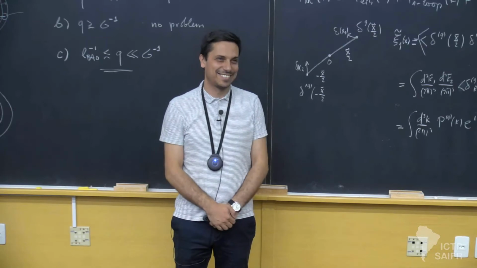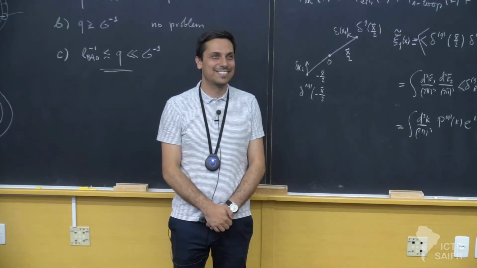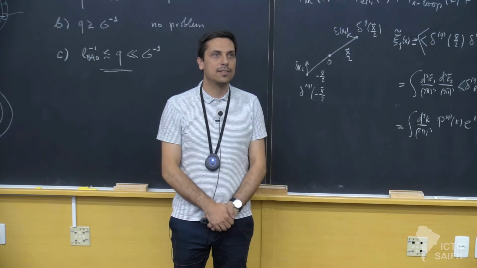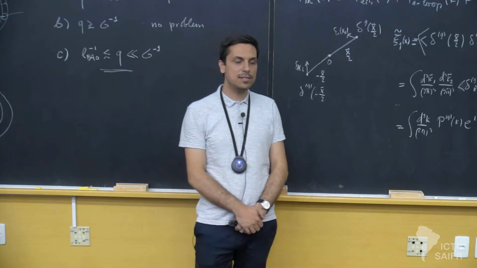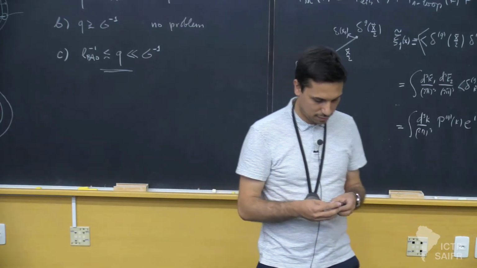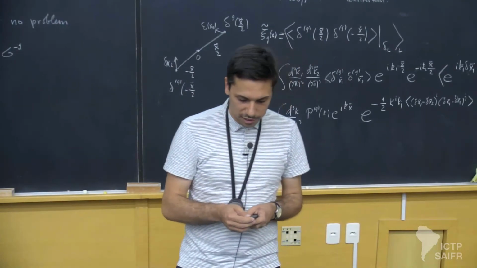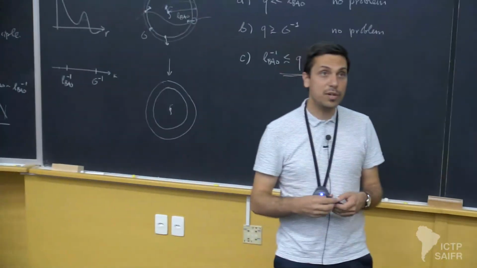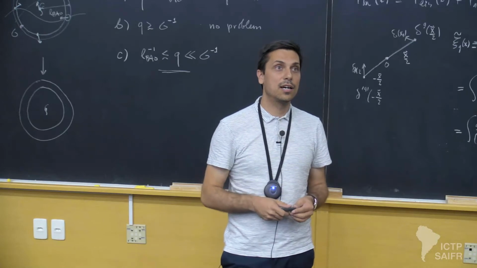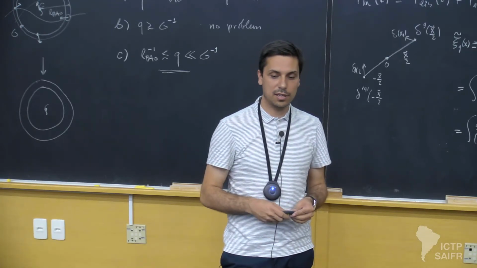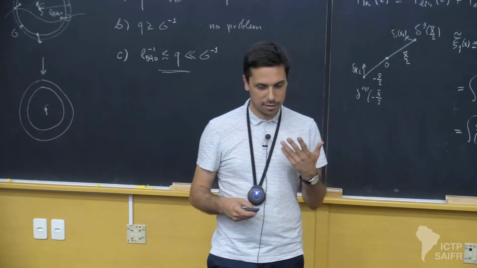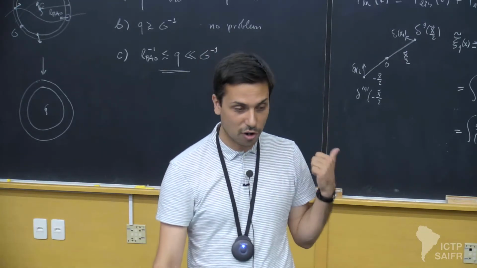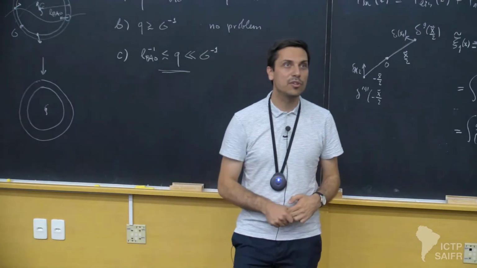If I remember, there's a problem with LPT: there is stream crossing. Yes, the same is present here in the EFT approach. Well, usually the multiple streams or shell crossing is more a problem in Eulerian perturbation theory, because there we really don't know what to do.